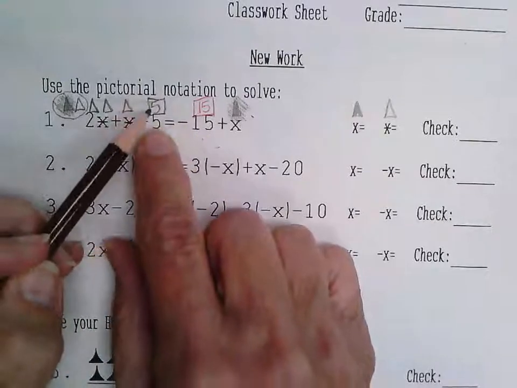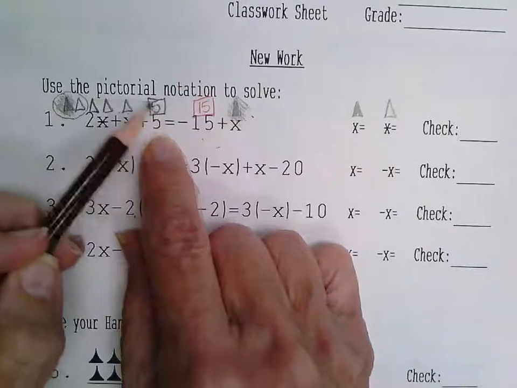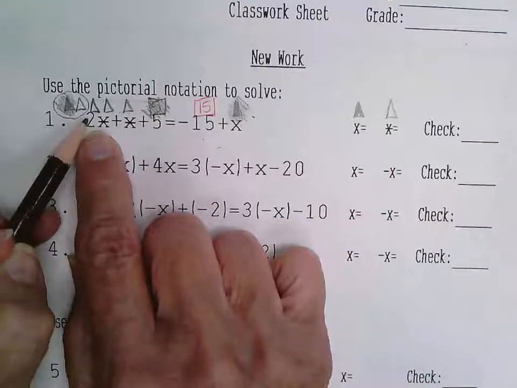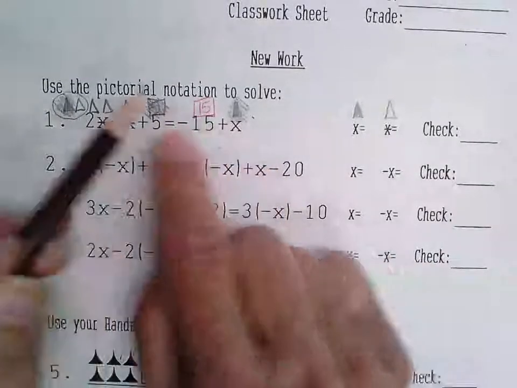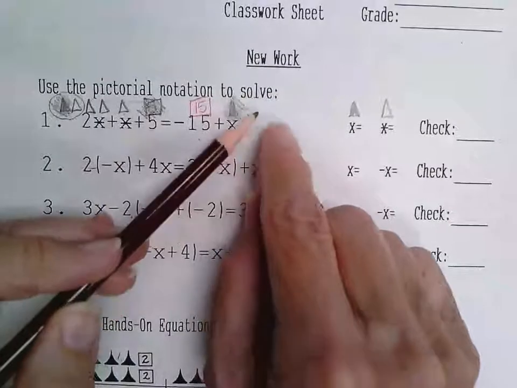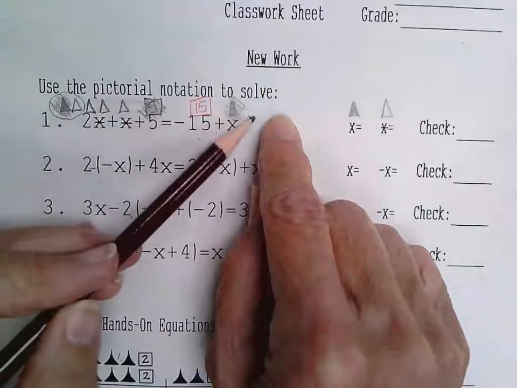So it would really be nice if I didn't have that 5 there. So I'm going to pull that 5 down because then I've just got pawns on the left and numbers on the right. But if I pull it down on the left, I have to pull one down on the right, and I don't have a green or just a regular 5.